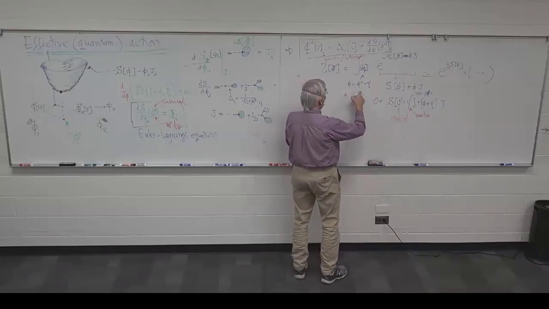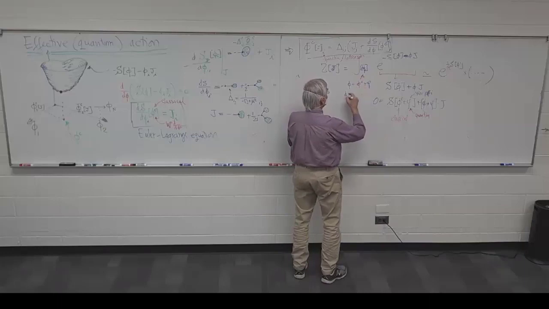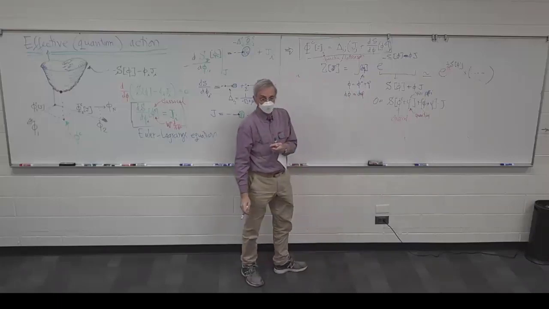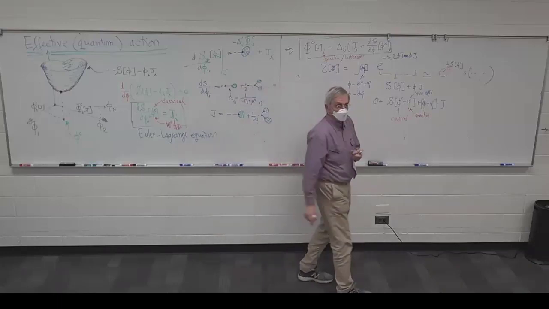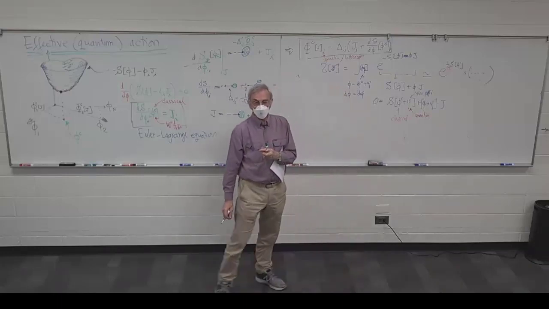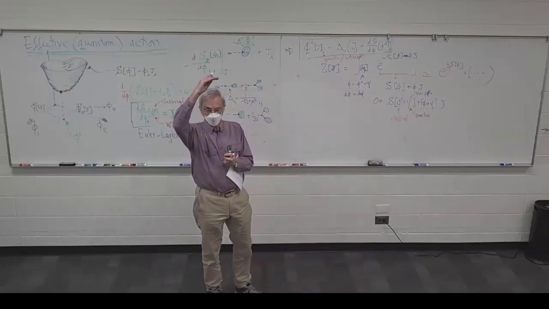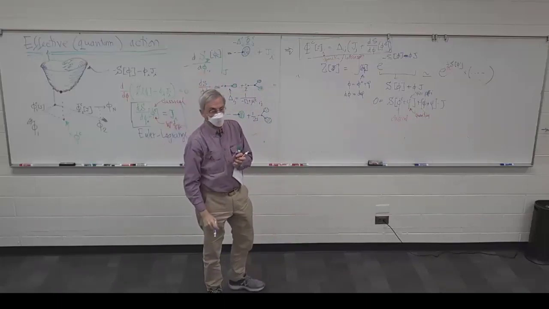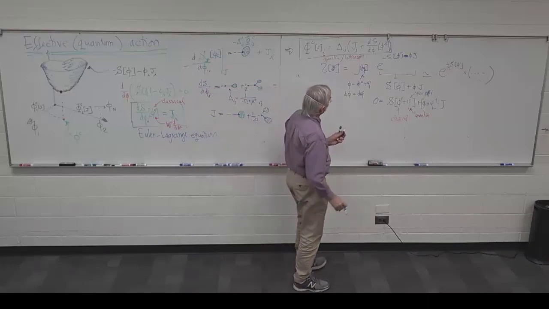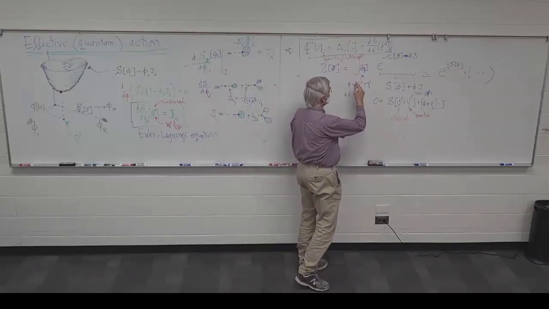Then this is just a constant. So in this integral, I'll be just integrating over variations, right? Yes, I'm allowed to translate the origin of my field in this path integral, because nothing tells me what's supposed to be the origin.